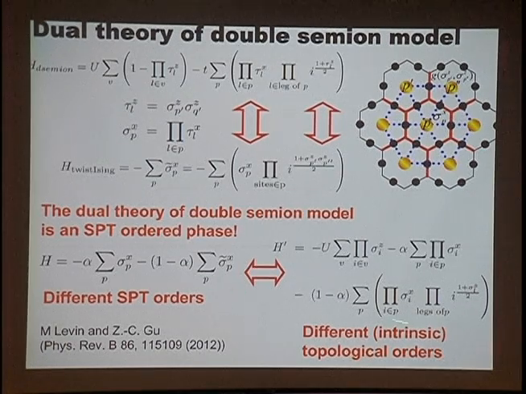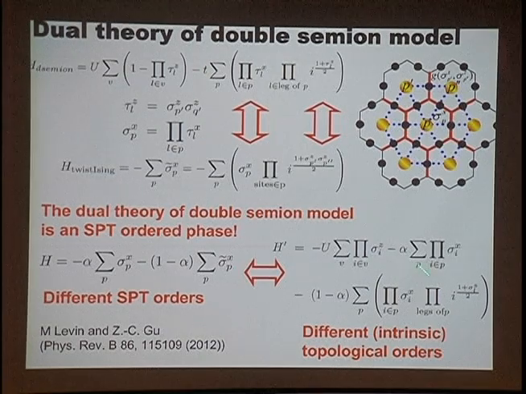And then we can map to this side. But on this side, we know that when alpha equals 1 and 0, there are 2 different topological orders because the quasi-particle statistics are very different. The belief is that without a phase transition, there's no way to change the statistics of the quasi-particle.